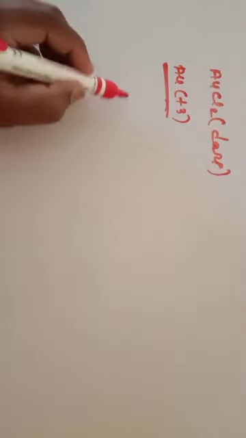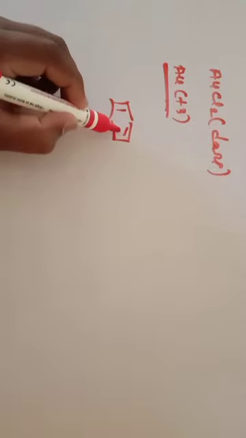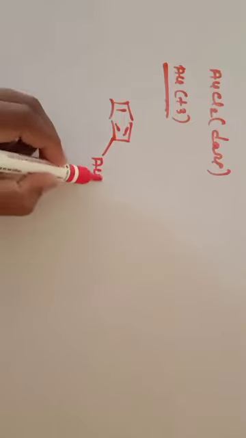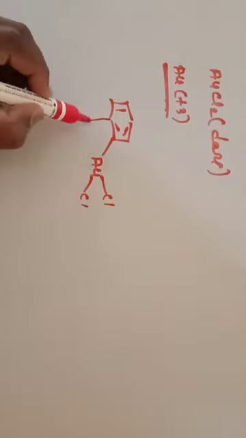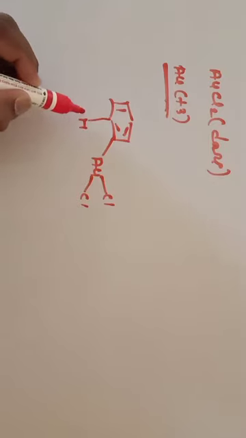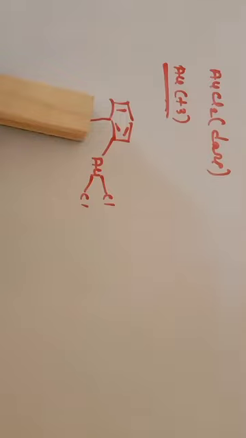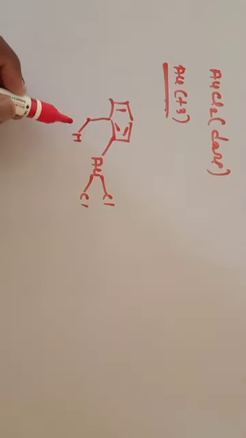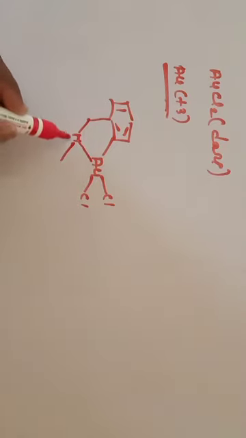So if we see the structure of this complex, Cl, then it is attached to this nitrogen, and this nitrogen is attached to this gold.